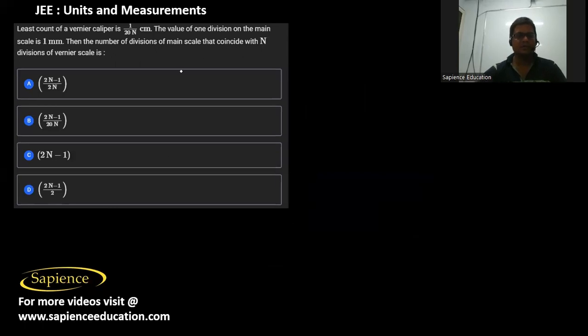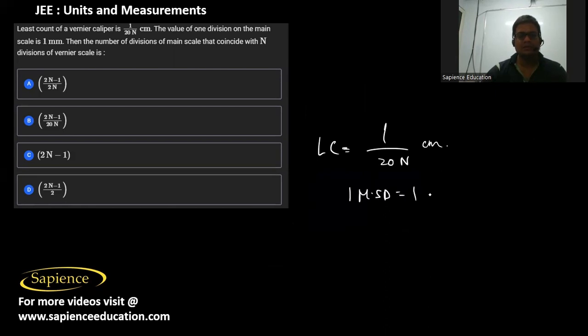So here it is told that the least count of a vernier caliper is 1 by 20 N centimeter. So this is the least count. The value of one division on the main scale: one main scale division is 1 millimeter. Then the number of divisions on the main scale that coincides with N divisions of the vernier scale is.